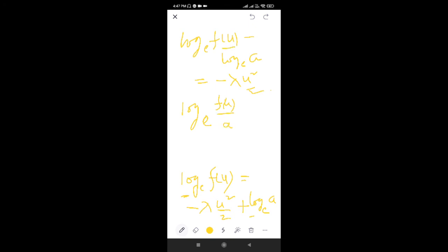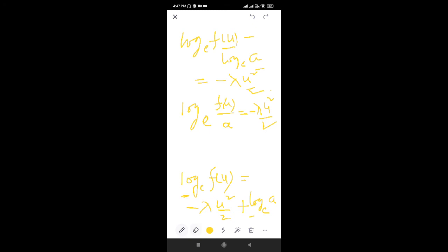This is m, this is n. On this side what you are having? Minus lambda u square by 2.